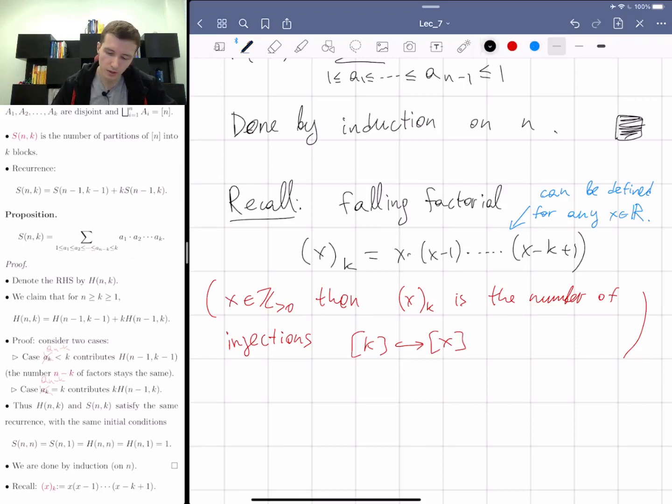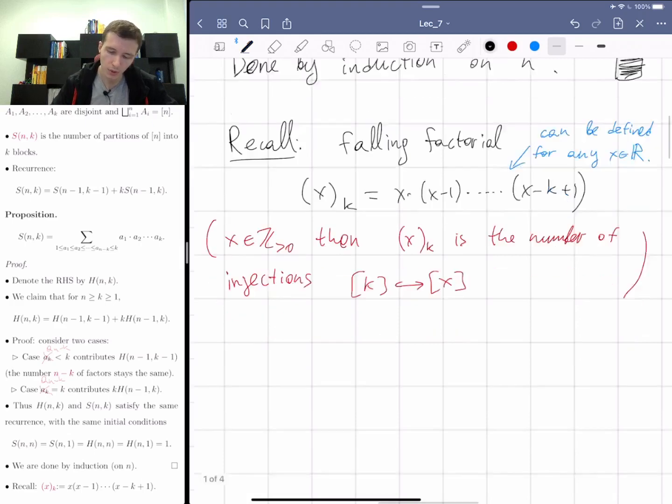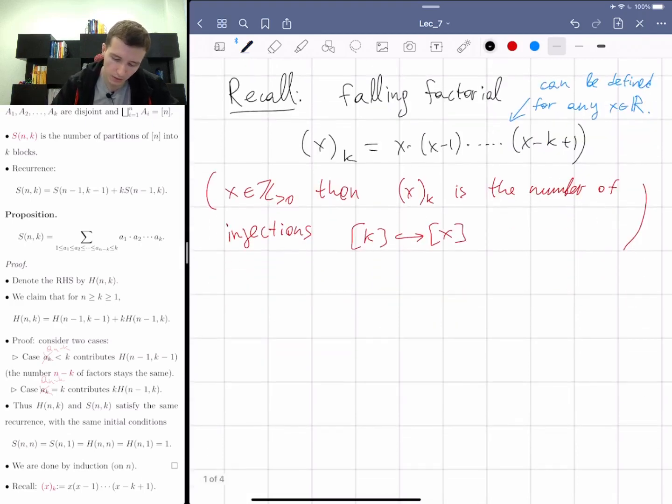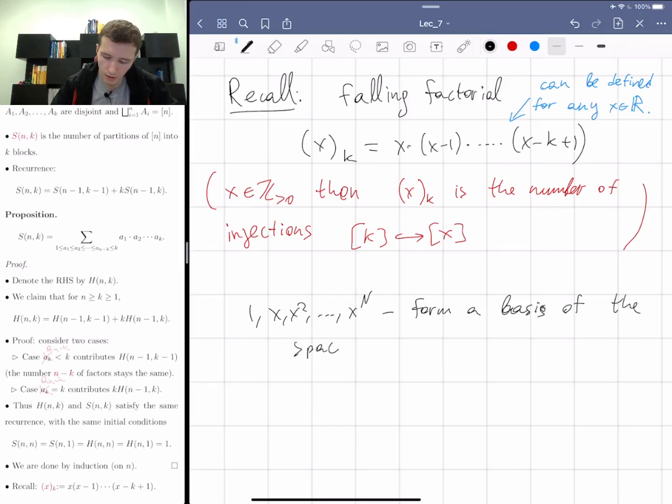So what I'm going to explain right now is that first of all, if you consider just the monomials 1, x, x squared, all the way up to x to the n, these form a basis of the space of degree n polynomials.